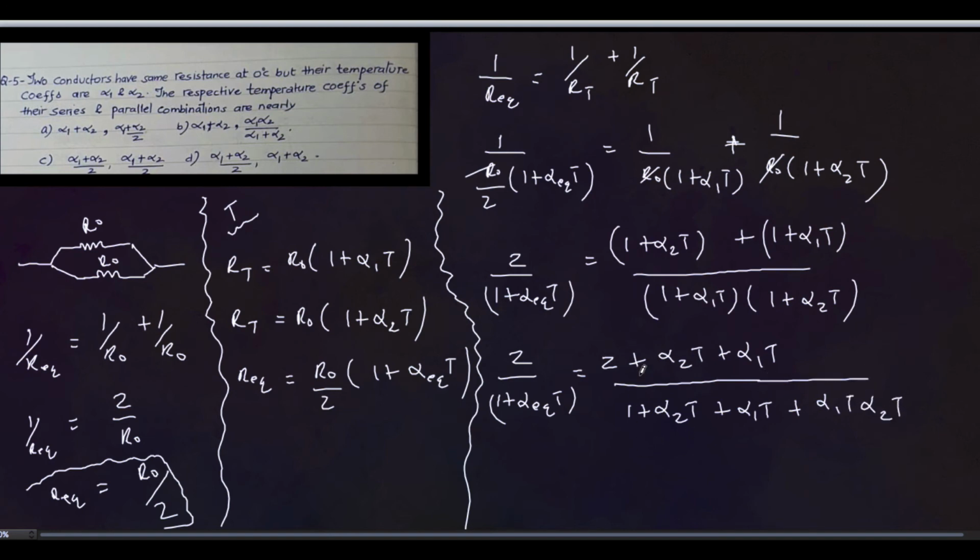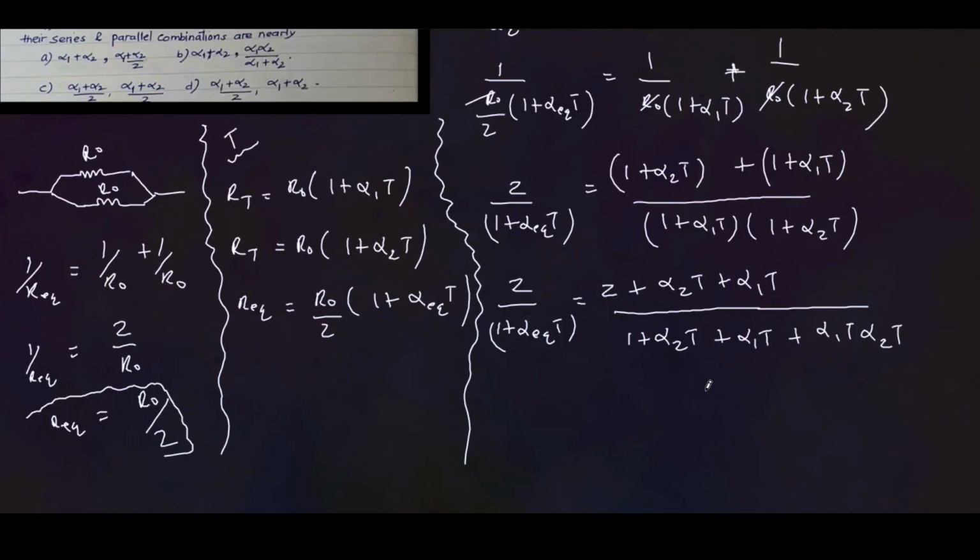Now the next step is cross multiplication. It will be 2 into (1 plus alpha 2T plus alpha 1T plus alpha 1T into alpha 2T).